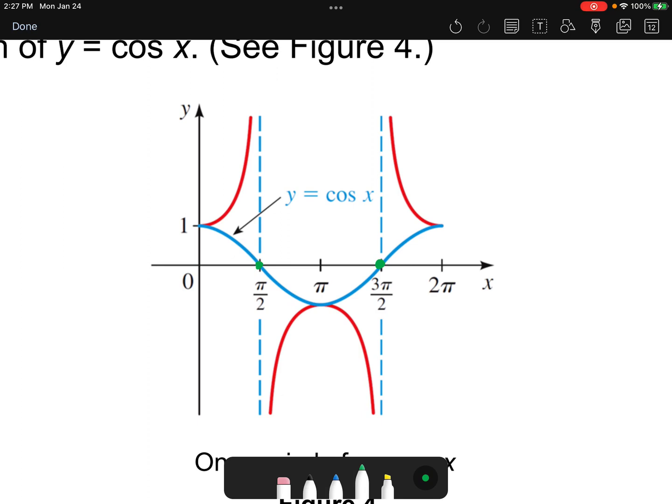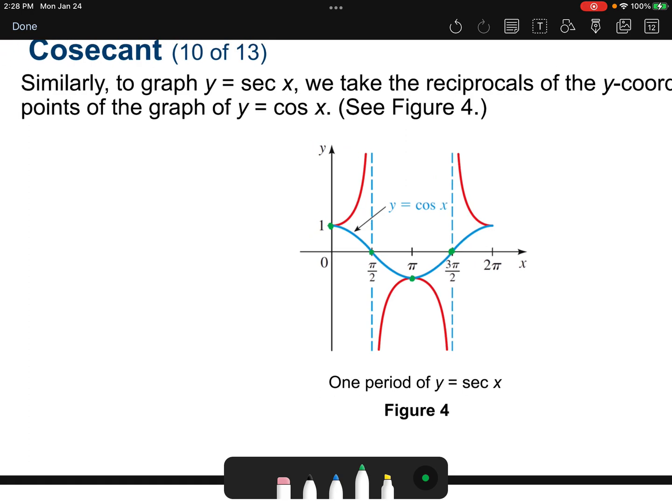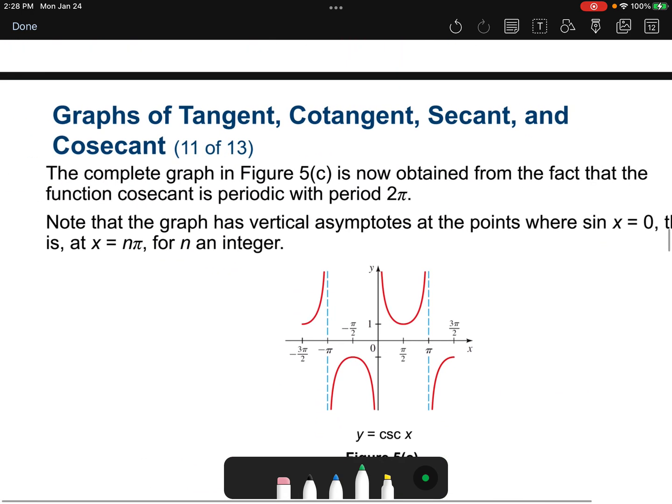And you can see on your calculator that you have vertical asymptotes at all of those pi over 2s. I think the best thing you can do is just look at your calculator. It really makes a lot of sense. But again, notice that the cosine of 0 is 1, and so is the secant. And the cosine of pi is negative 1, and so is the secant, and so on. So that's kind of what we're looking at with secant.